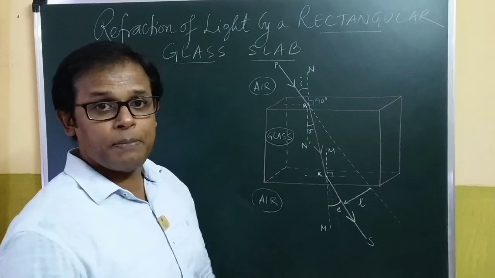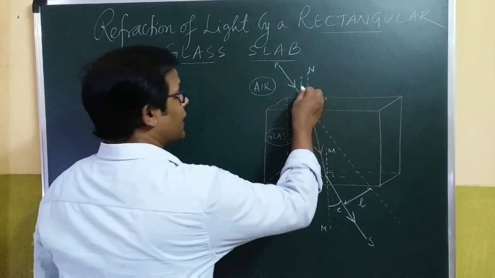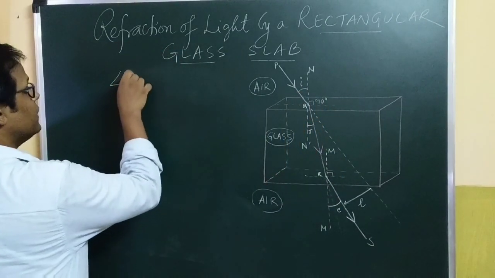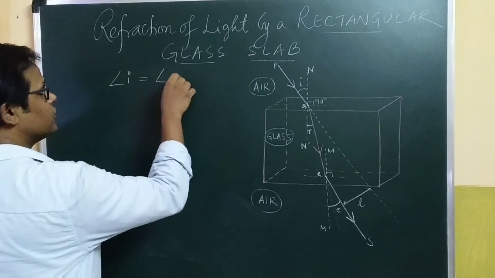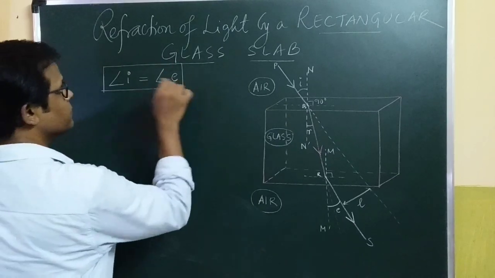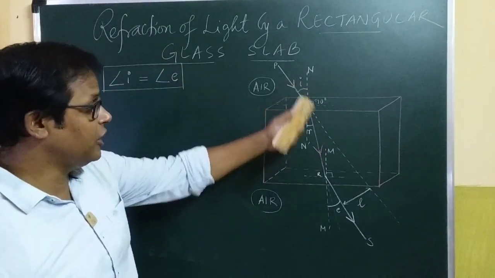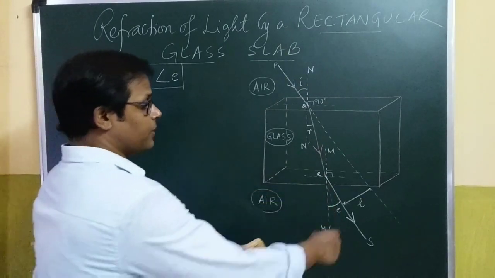So since they are parallel to each other, geometrically you will find that the angle of incidence by measure is exactly equal to the angle of emergence in this case. That's it. That will be equal geometrically, or you could have said the opposite thing, they will be coming up parallel.